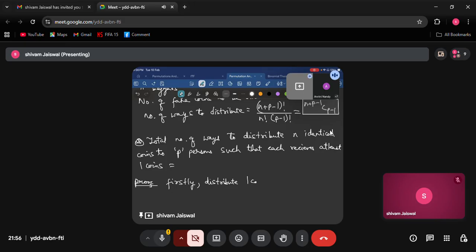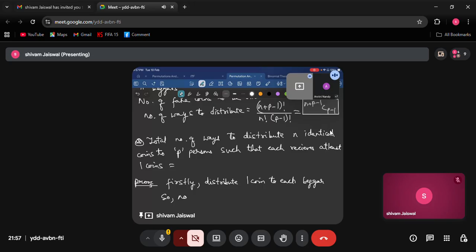One coin to each beggar. How many coins have you distributed? Three coins. Three coins you have already distributed.